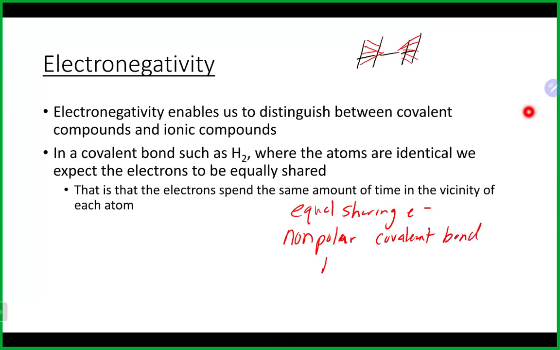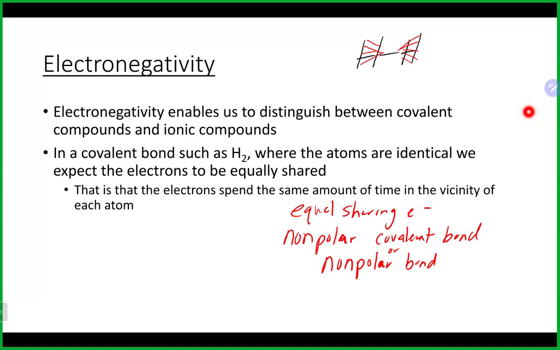I would say most people leave the covalent out of it and just call it a nonpolar bond. So they are the same, basically. It is usually implied that if it's a nonpolar bond, it's covalent, they're sharing electrons, and they're equal. Because these electrons are shared equally, this is essentially a neutral bond.